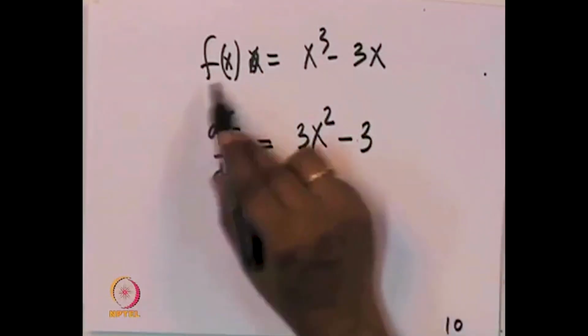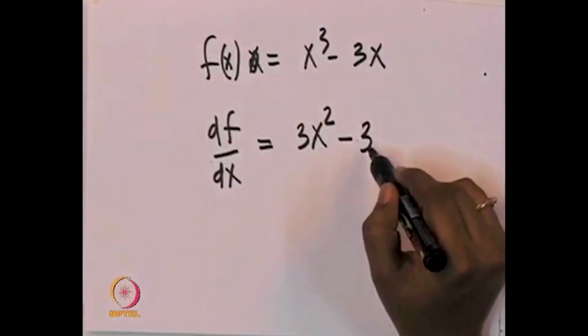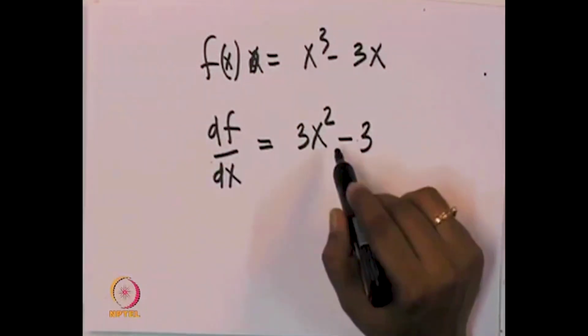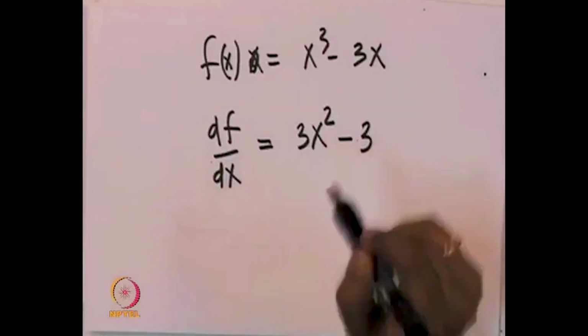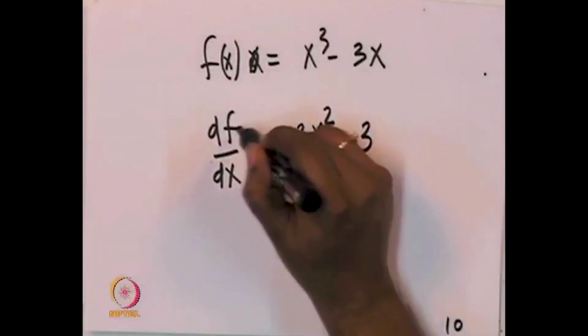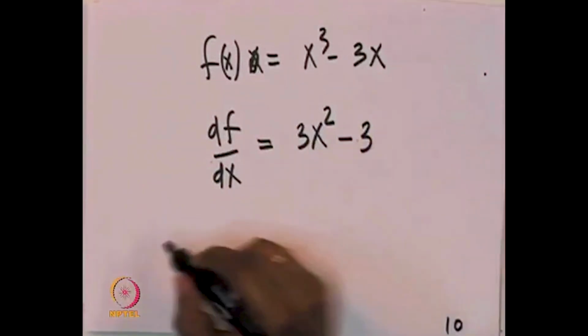So, the derivative of this function is 3 x square minus 3, and we want to find out where 3 x square minus 3 is equal to 0. That is, the value of x at which this derivative is 0.